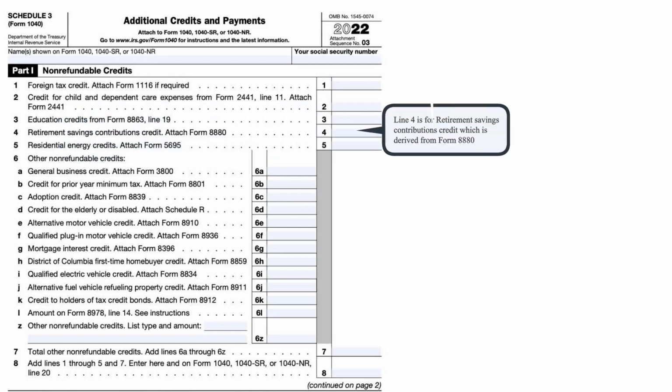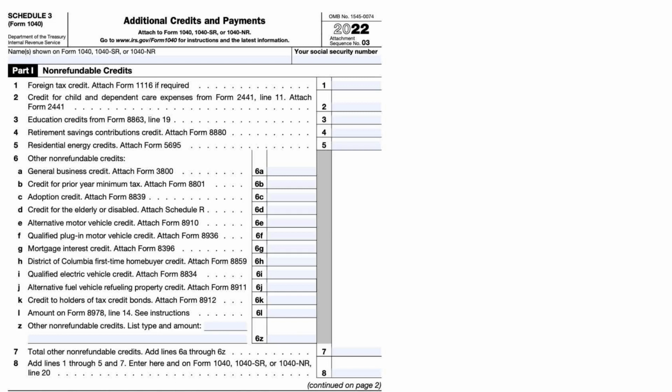Line 4 is for the Retirement Savings Contribution Credit, which is derived from Form 8880. The Retirement Savings Contribution Credit is a tax break designed to reward lower wage earners who contribute to retirement accounts.